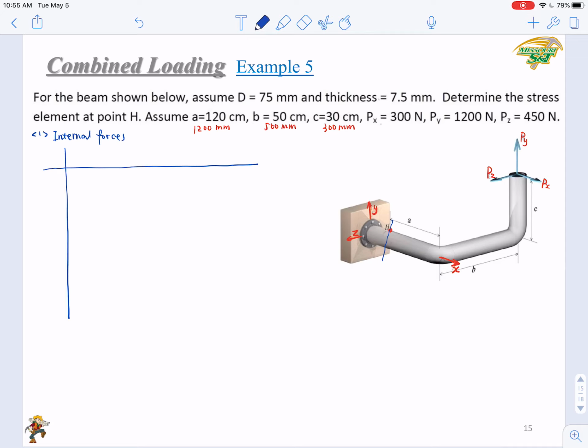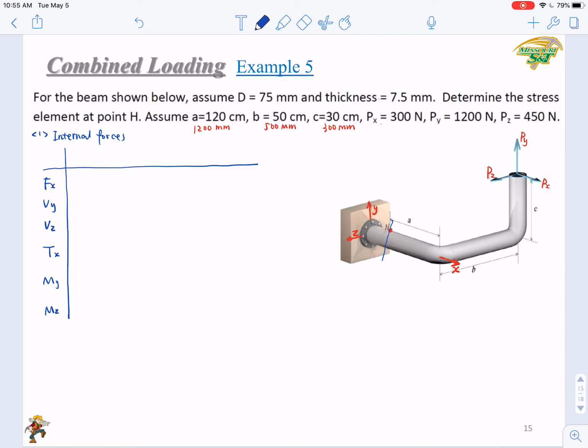So the forces will be Fx, Vy, Vz, right? Correspondingly, if the moment is about x-axis, it will be a torque. Otherwise, about y and z directions, it will be bending moment. So my, mz.